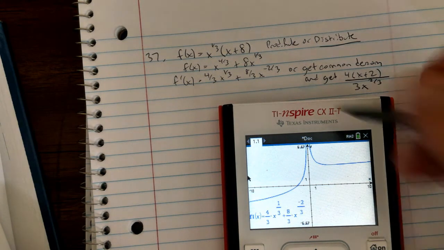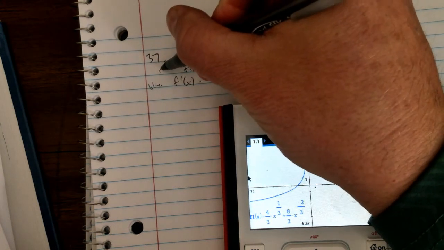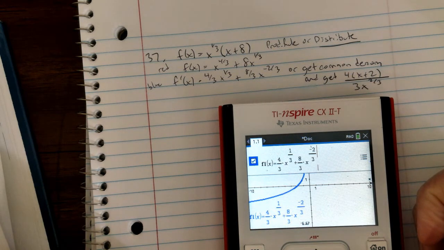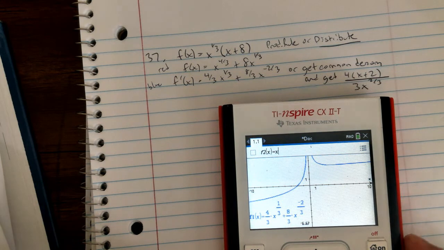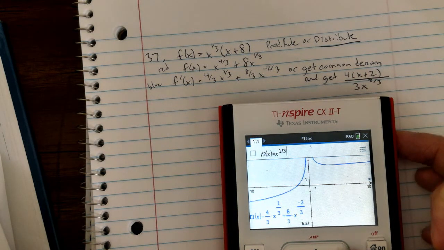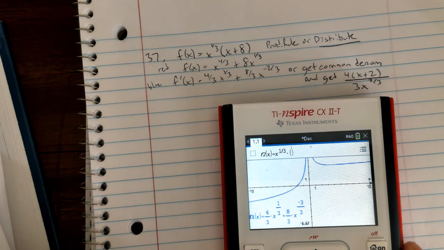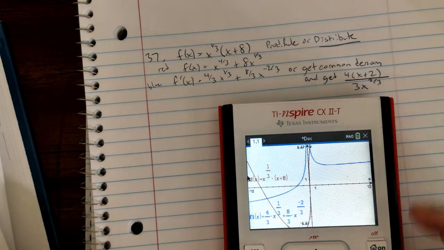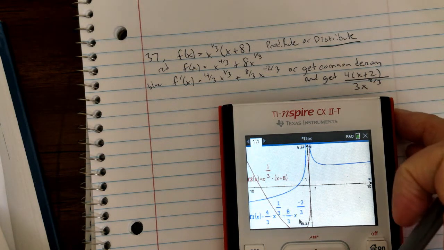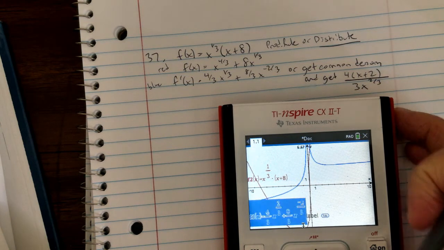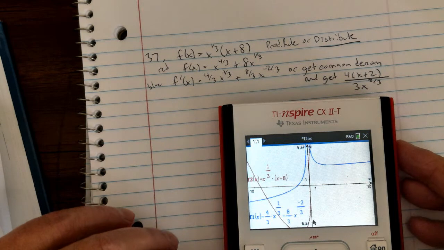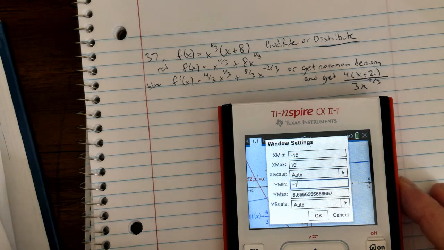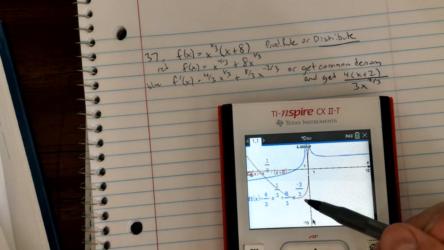And so that's the derivative, which I'm going to say is blue, and then the original is going to be red. X to the 1/3 times x plus 8. So there's our original one, and have to expand our window just a bit. It's not letting me change that through that way, so I'll just go to the window. Okay, so there.